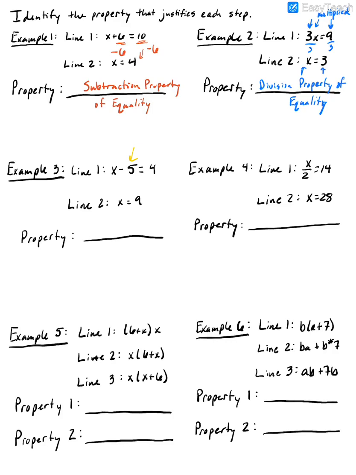Here, this one would be the opposite, so I would use addition to get rid of the 5. That's what makes it go away on the left side, and 4 plus 5 is 9. Here we added something to both sides, so we would say it's the addition property of equality.